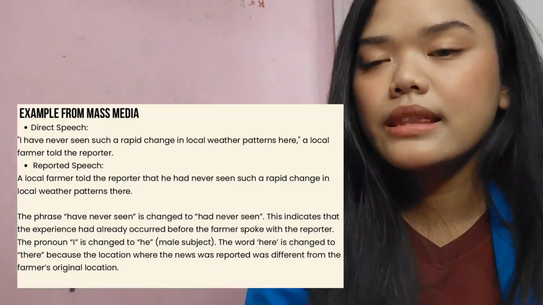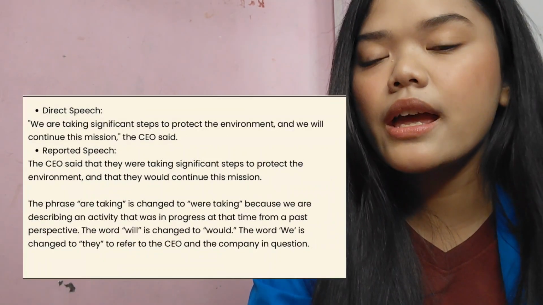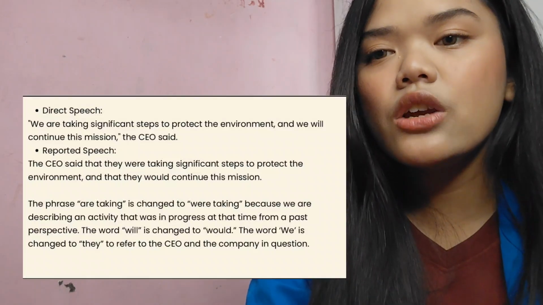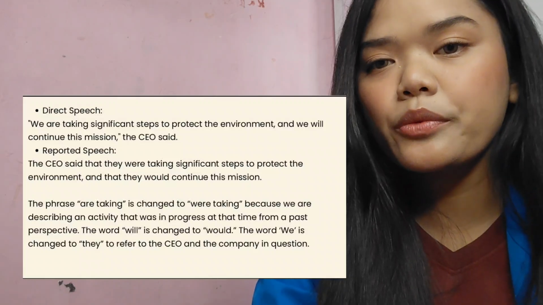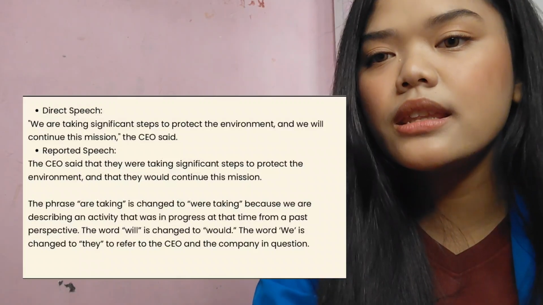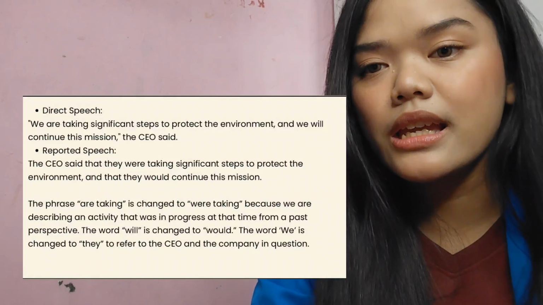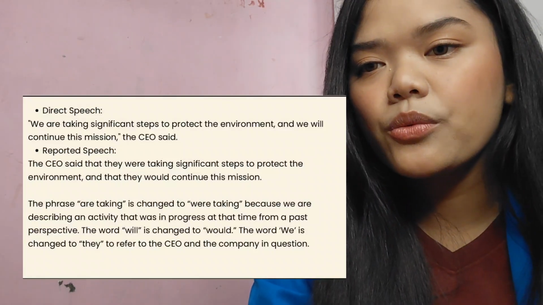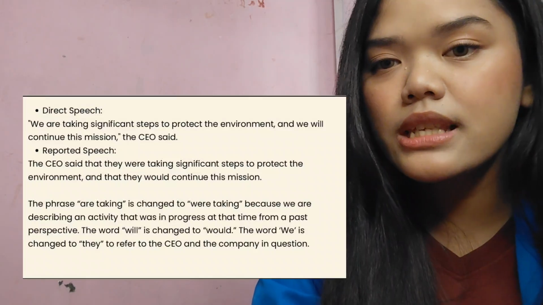Next, "We are taking significant steps to protect the environment and we will continue this mission." The CEO said that they were taking significant steps to protect the environment and that they would continue this mission. The part "are taking" is changed to "were taking" because we are describing an activity that was in progress at the time.